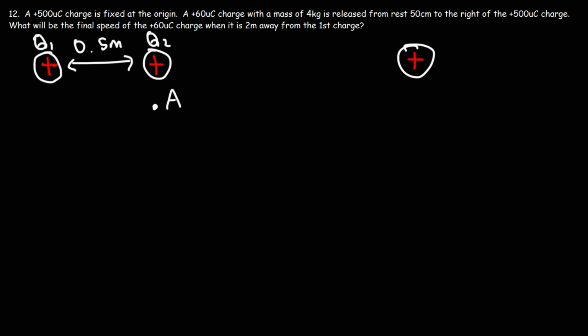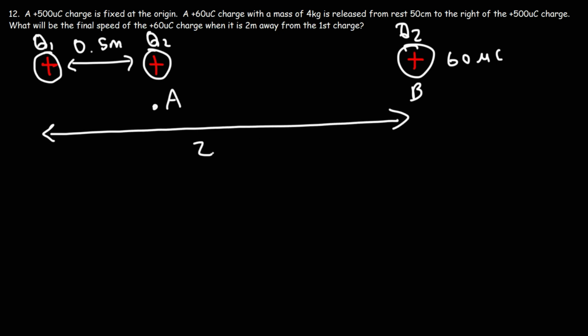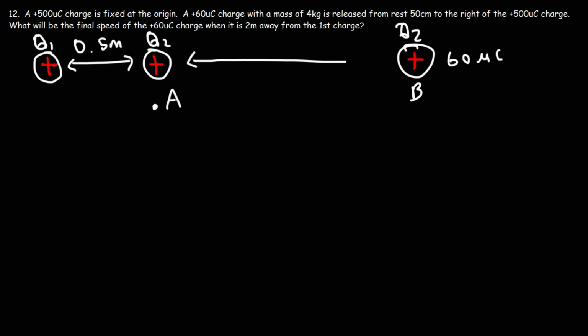So here's Q2, the 60 microcoulomb charge, and it's at point B. Now point B is 2 meters away from the first charge. So it's 1.5 meters away from point A. Our goal is to calculate the final speed when Q2 reaches point B. So let's go ahead and do that.